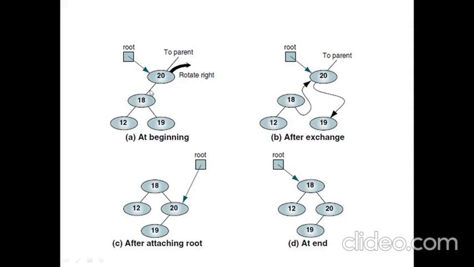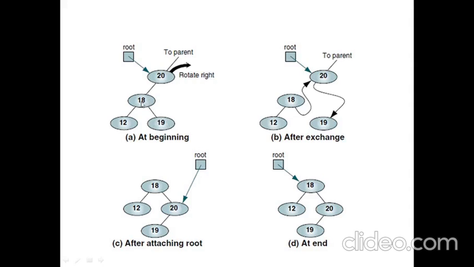This is an example to understand it. For example, I have to rotate it right. What I mean by this is that 18 should become the root and 20 should become the child of 18. That means that it will become like this. So 18 gets into the root position and 20 becomes the right child, and this is adoption. I already explained it adequately in the previous video lecture.